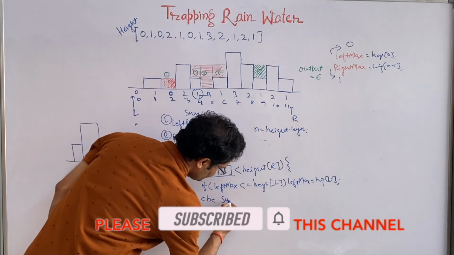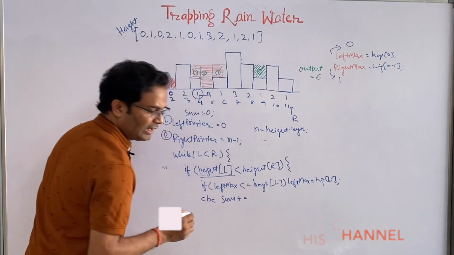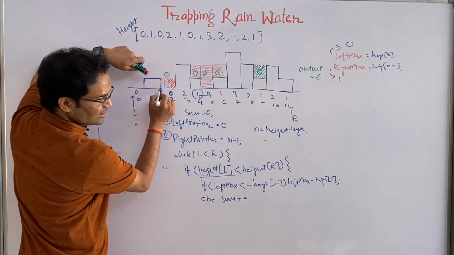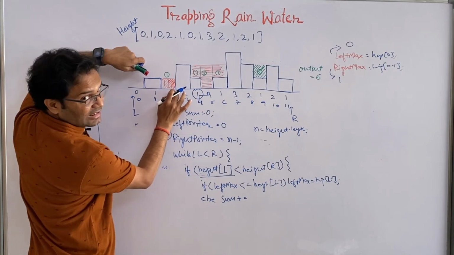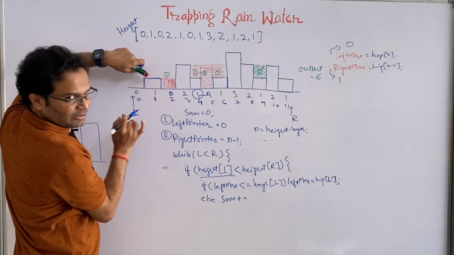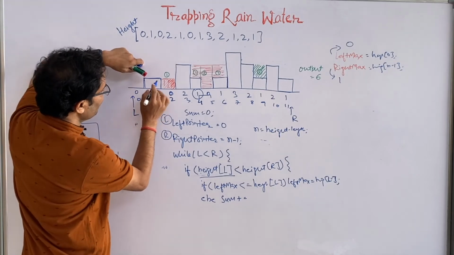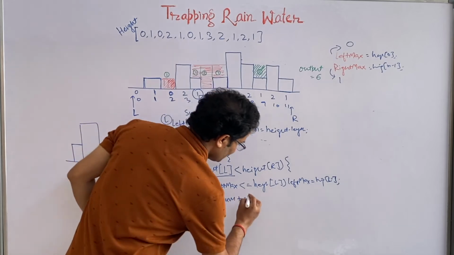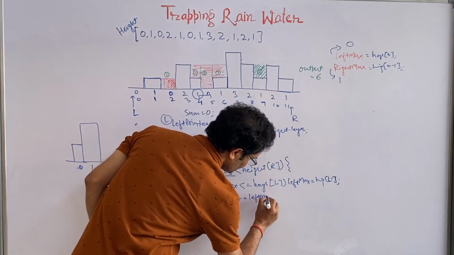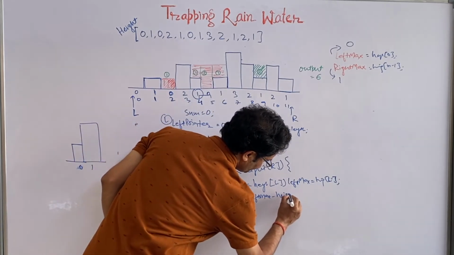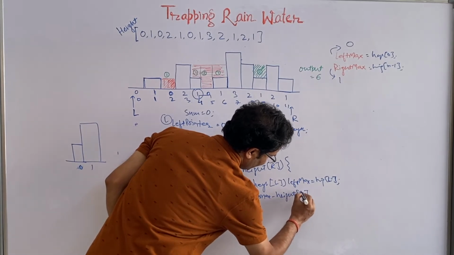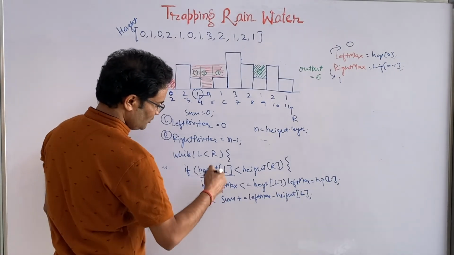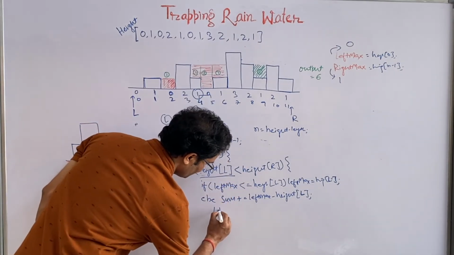In the sum we are going to add the height of the left max minus the height of the current building, that much water you can save. Here in this case left max is 1, this height is 0, so 1 minus 0. So you have to do left max minus height of L. If it is done, then we can increment the left pointer.